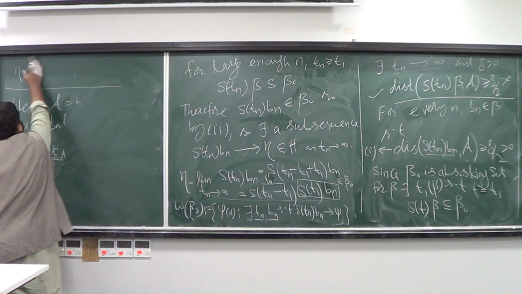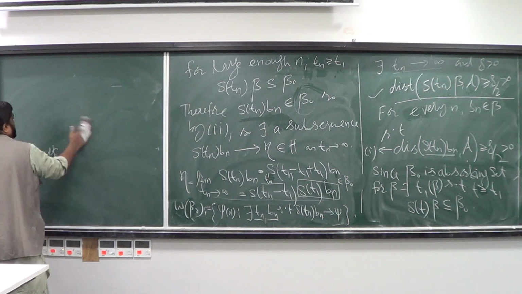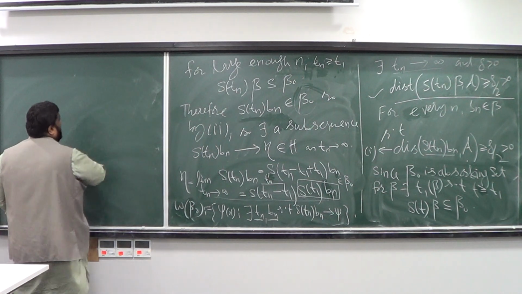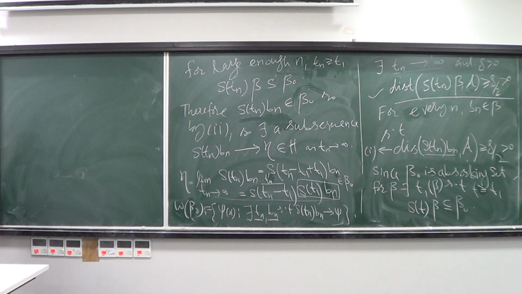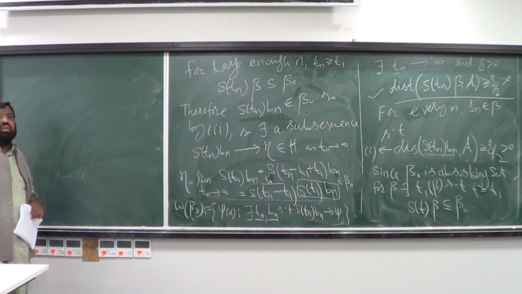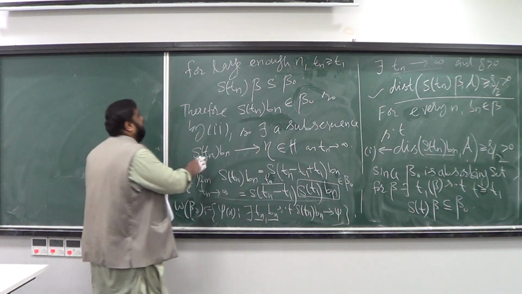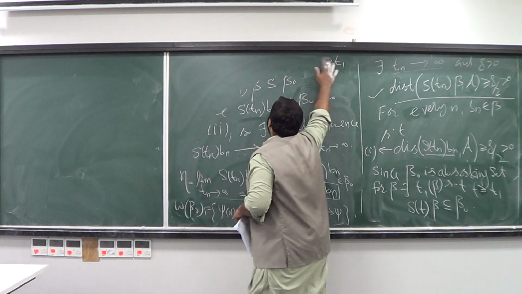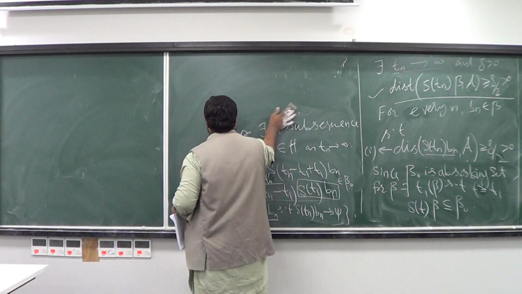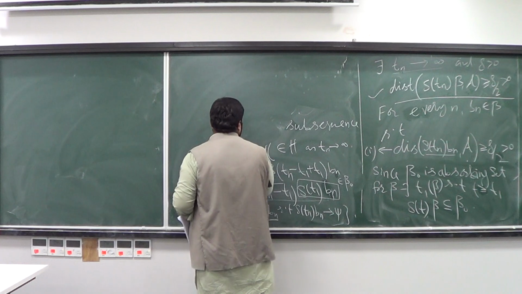So this is the key theorem that is crucial when you want the existence of the global attractor. It gives you a sufficient condition. Now we would like to move towards a concrete example.